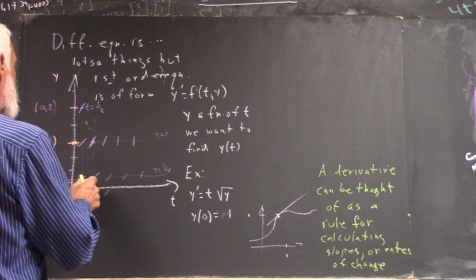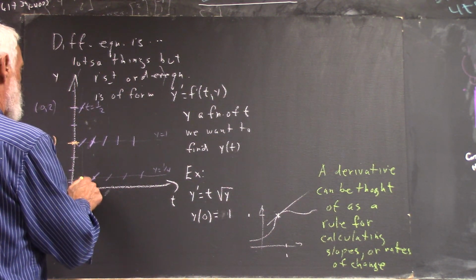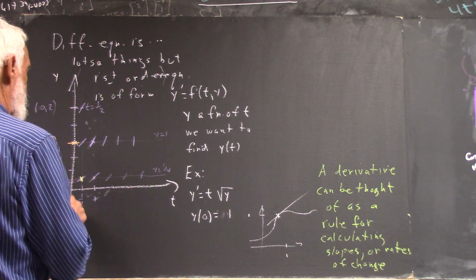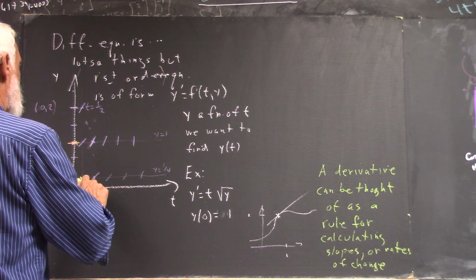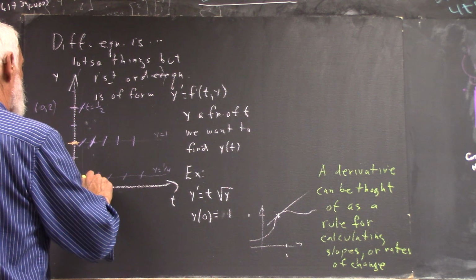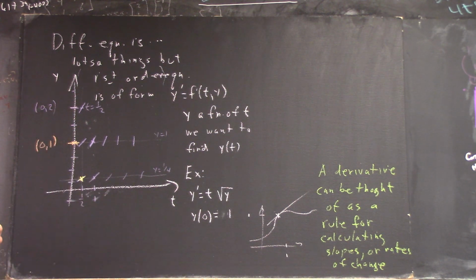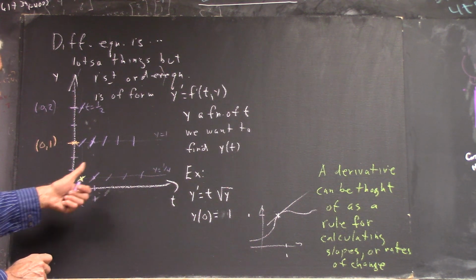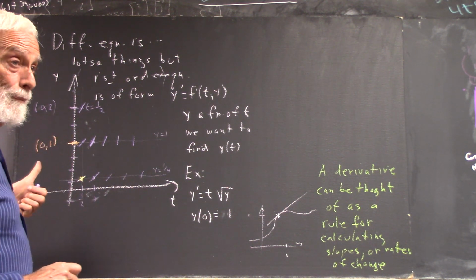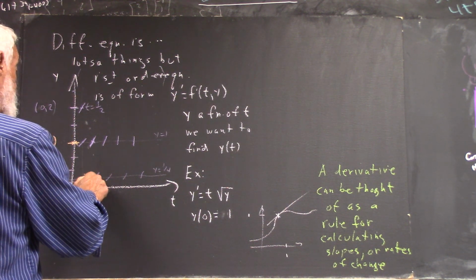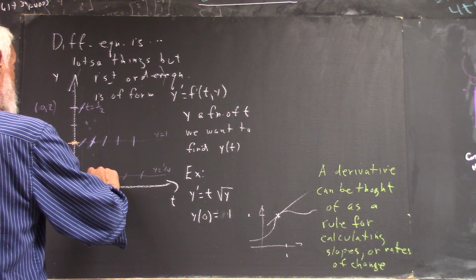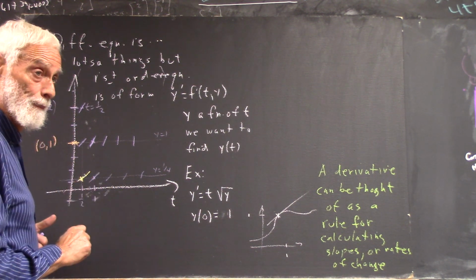Okay, if I was to start a curve right here, the curve would pretty much follow this line segment. But as you move to the right and up, it has to get steeper. Because by the time you get out to this point, it's going to be somewhat steeper, right?